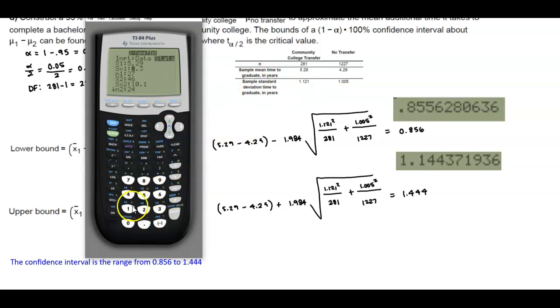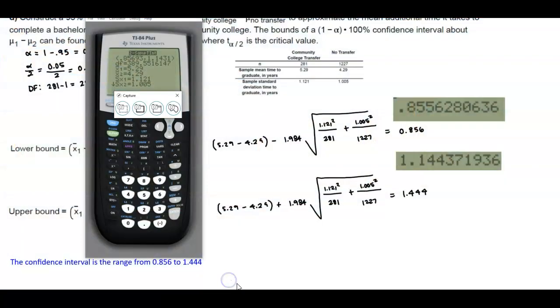We know that our standard deviation is 1.121, and then our sample size is 281, and then the mean is now 4.29 for the no transfer. Standard deviation is 1.005, and then the sample size is 1227. The confidence level is 0.95, pooled no, and then we're going to go ahead and calculate.